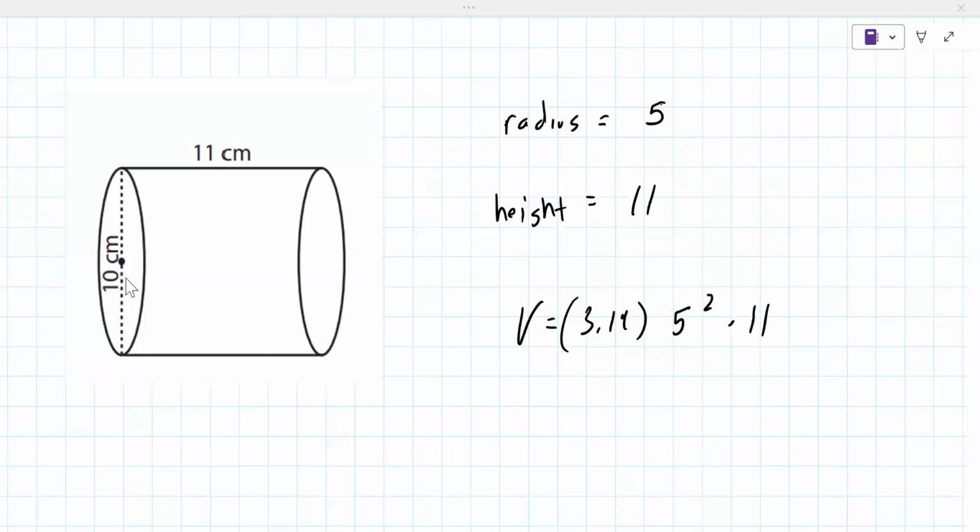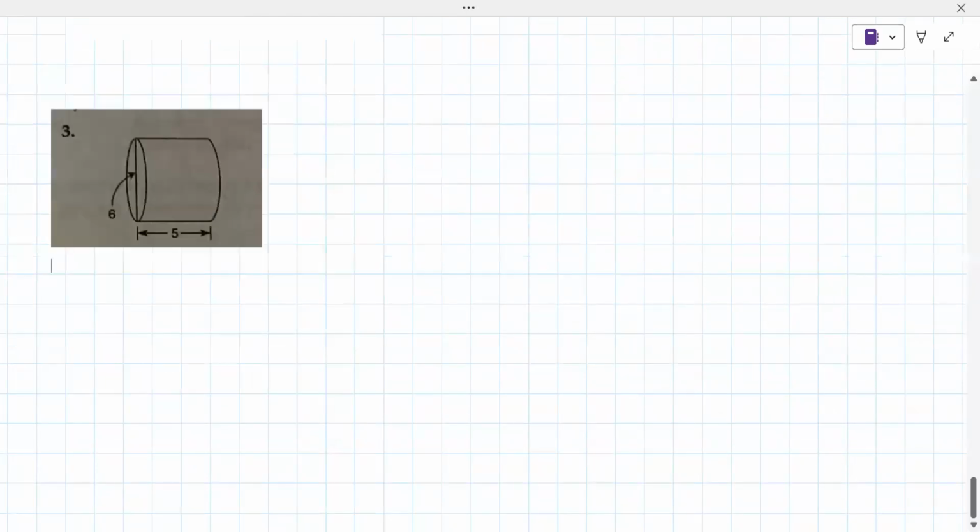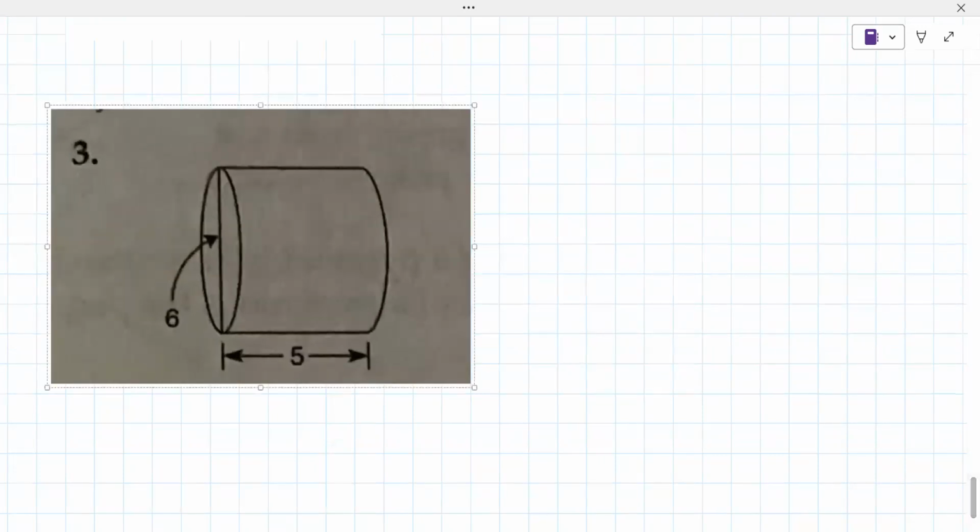So let's do your practice problem, and then we'll do some of the other problems in the book. All right, so here it's asking for the volume on this one. So go ahead and calculate the volume for us, please. Is that the diameter? Yes, that is the diameter. Okay, because I couldn't tell, since it was a straight line all the way across.